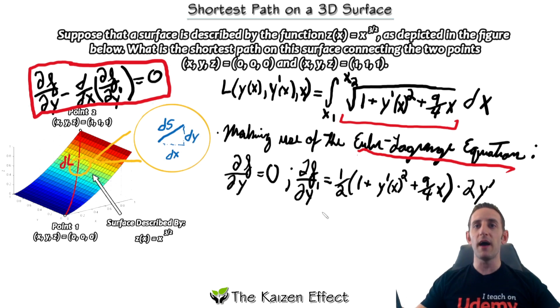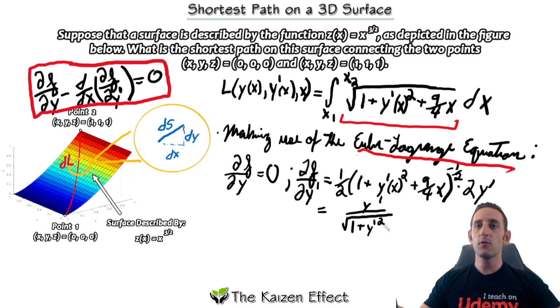Then we can simplify this to make a nice equation, which is just y prime over... if I back up, I missed something here. This should actually be a negative 1/2 right there, because this is to the 1/2. We just subtract 1 from the exponent to get that guy right there. On the bottom, we have this square root term, which is the square root of 1 plus y prime squared plus 9 over 4x. Okay, so we're making progress.